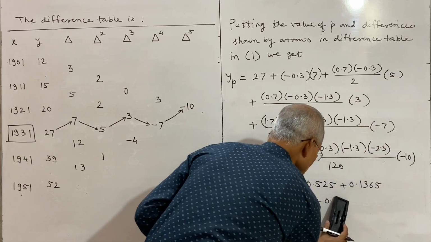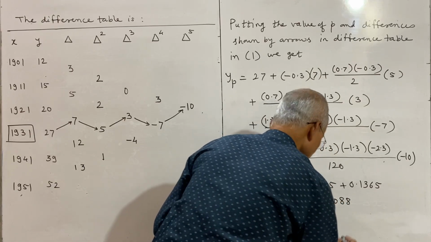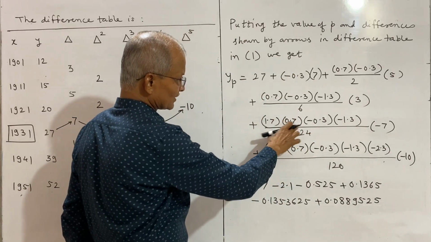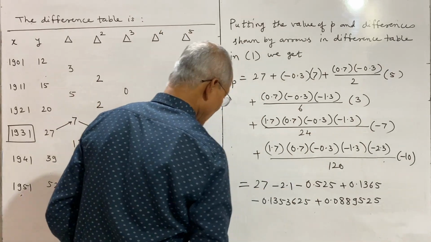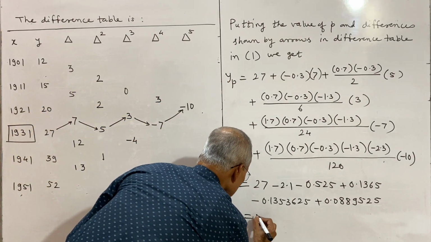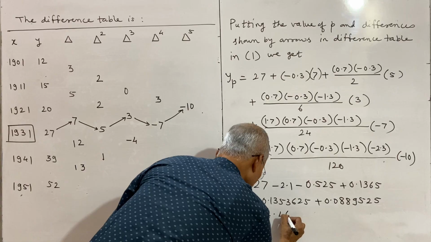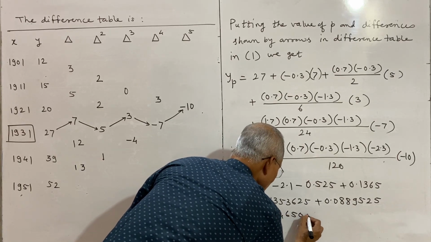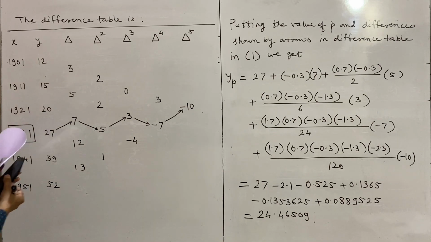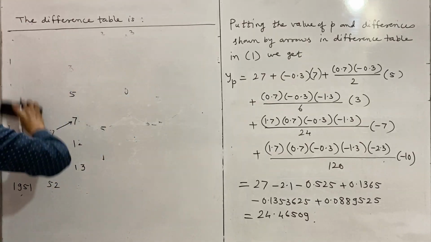This is 0.0889525. These terms are calculated separately, and I have written the values. Now the final sum will be equal to 24.46509.